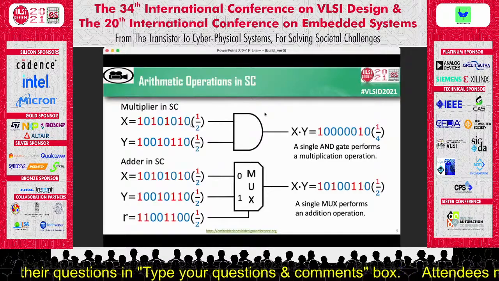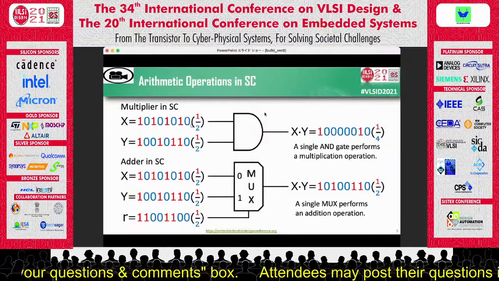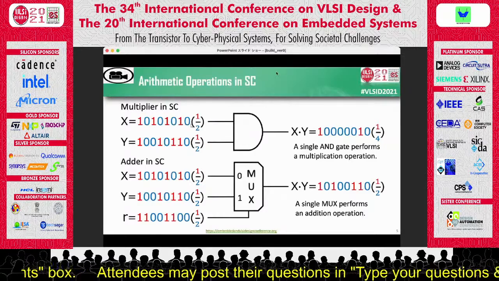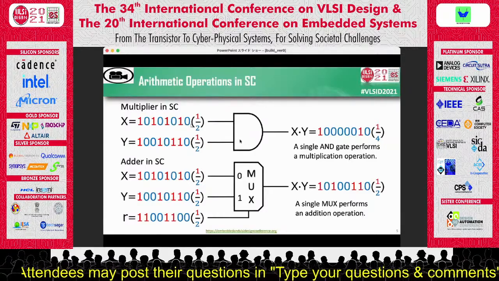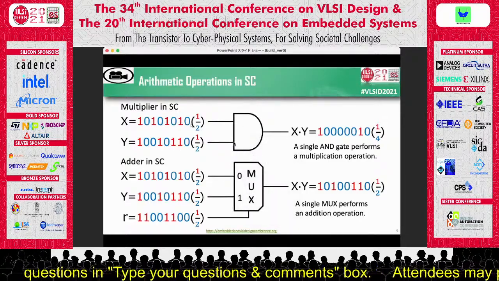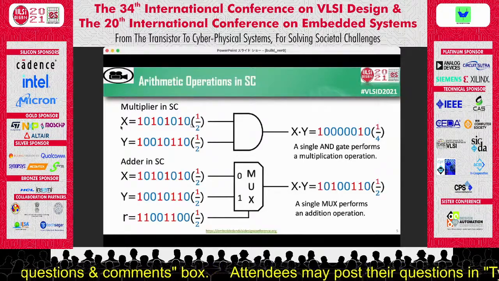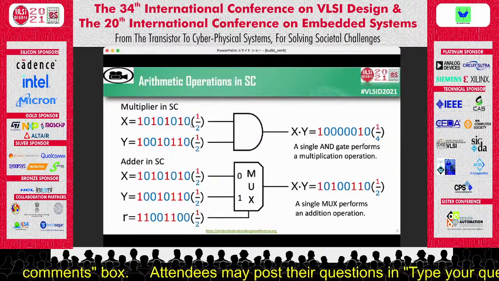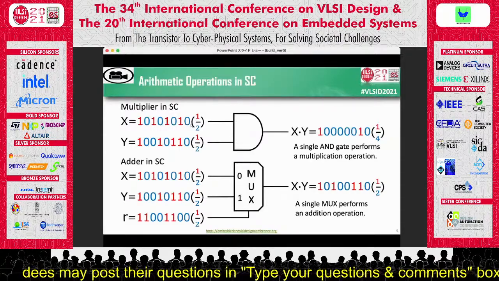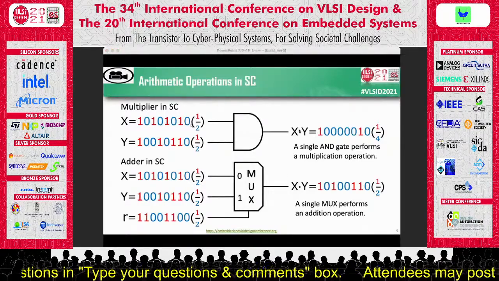So what are different circuits to deal with stochastic numbers, when you are comparing your circuit with some reference device? Okay. Hello?